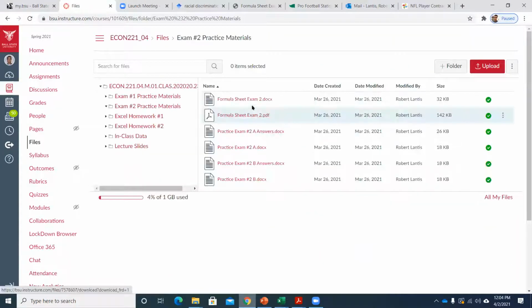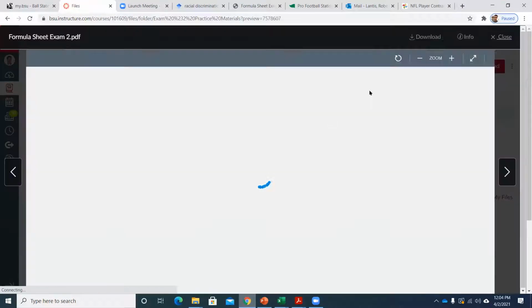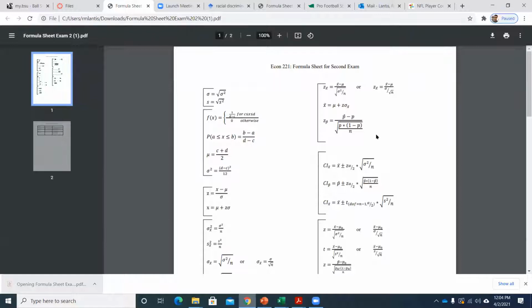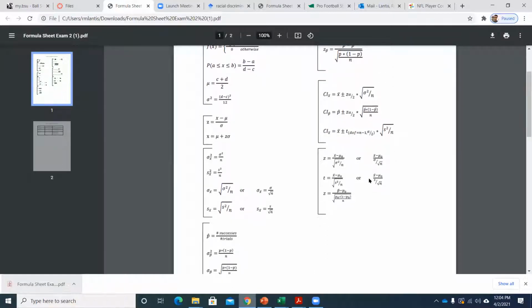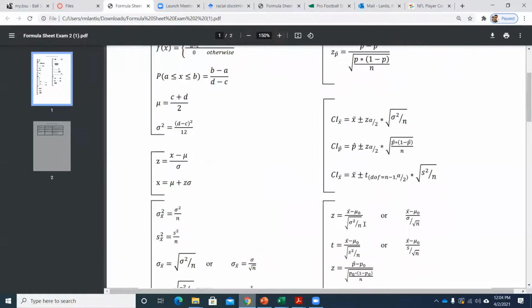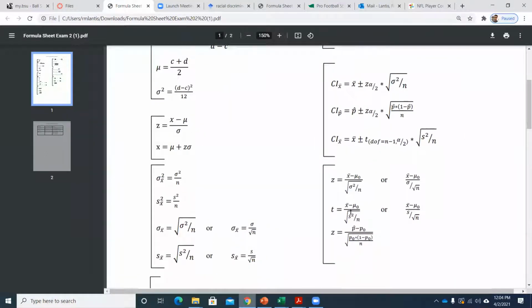So in this practice materials folder, let's open up this formula sheet. I'm going to download it so I can have it on a separate sheet here. So here are our 3 test statistic equations down here in the bottom right corner of that formula sheet. Notice the only difference between these two is that instead of using the population variance, I use the sample variance.